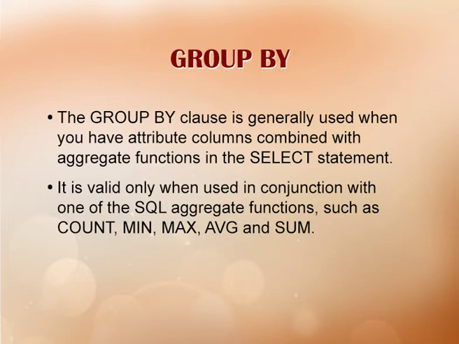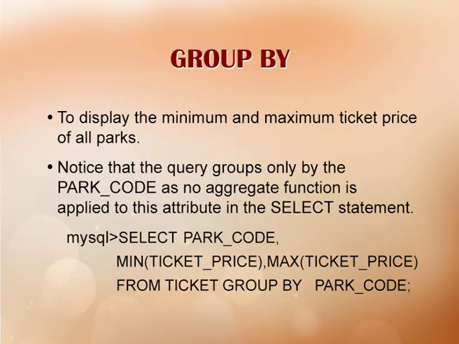One example we can see here is to display the minimum and maximum ticket price of all parks. Notice that the query groups only by the park code, as no aggregate function is applied to this attribute in the select statement.